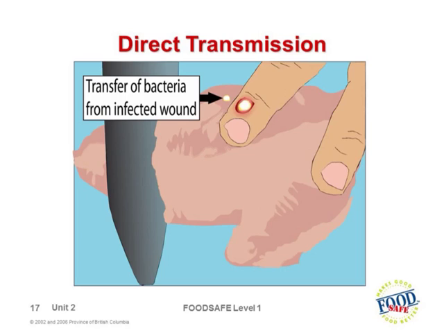So this method of direct transmission is one that is easily avoidable by wearing a glove and making sure that any cuts or scrapes are cleaned properly, covered with a Band-Aid, and then having a glove worn on top.